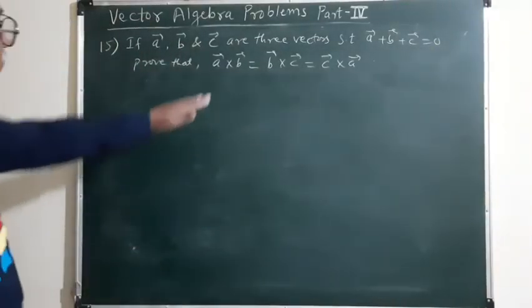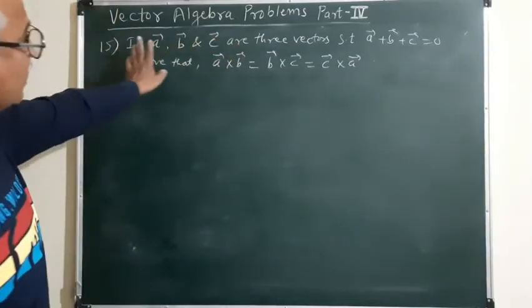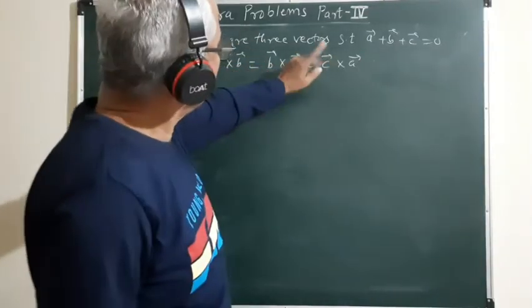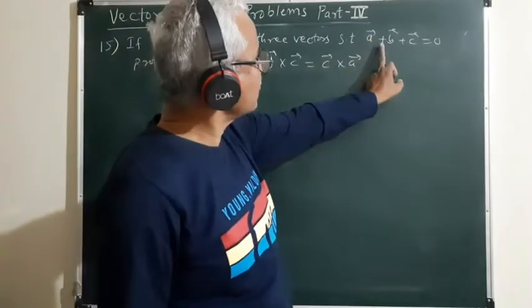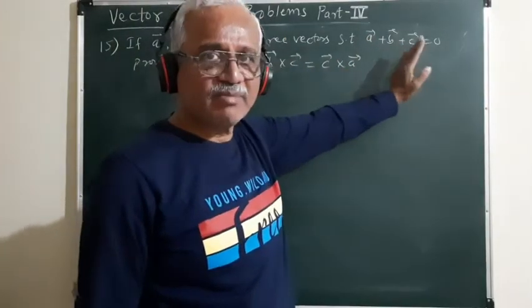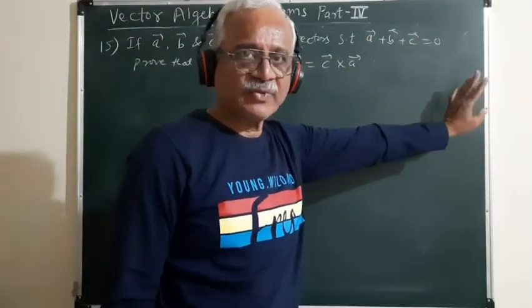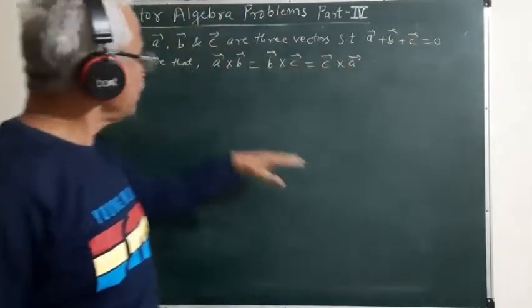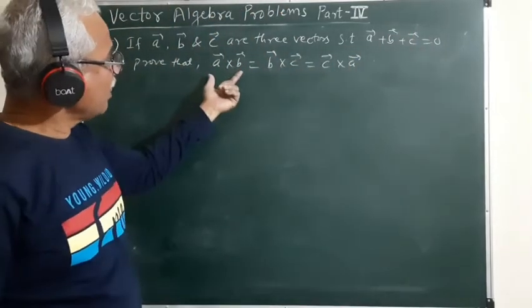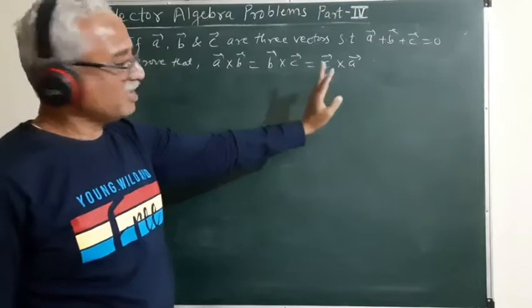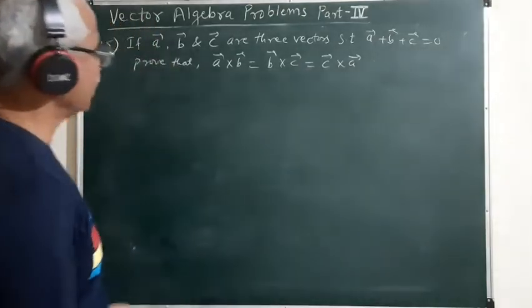So we have to prove this identity. You are given that the sum of the three vectors a bar, b bar and c bar is equal to 0. And if it is so, then you are asked to prove that a bar cross b bar equals b bar cross c bar equals c bar cross a bar.